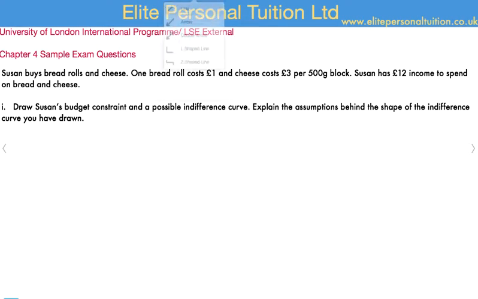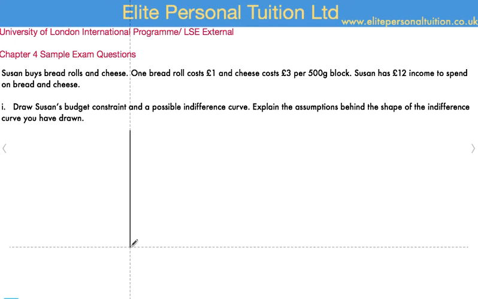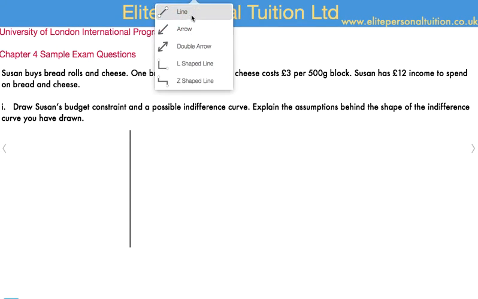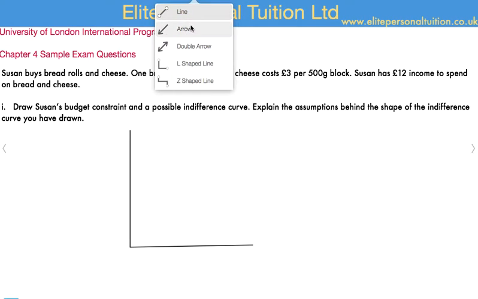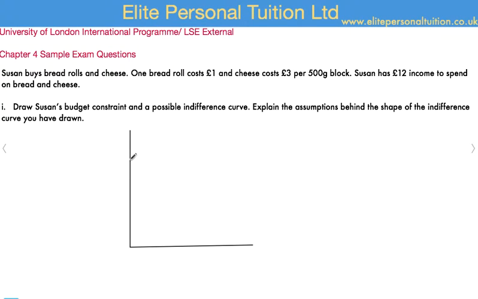Okay, so this is quite a straightforward question. So we'll draw a graph. And on that graph, we will draw a budget constraint, which is always a straight line between the axes.